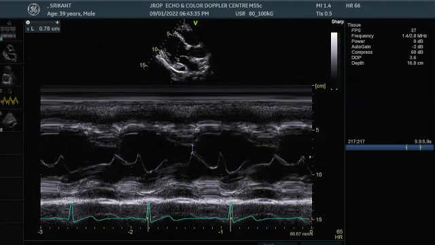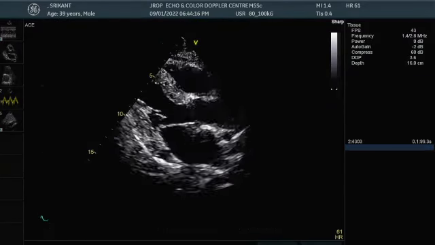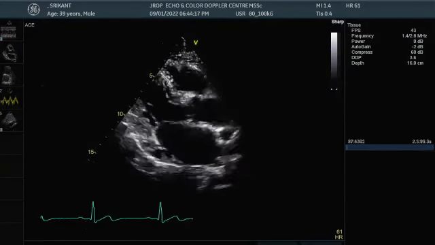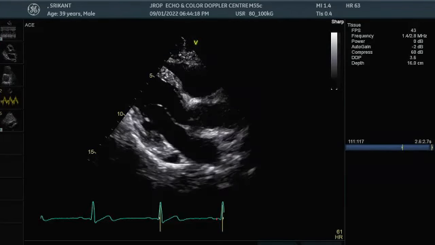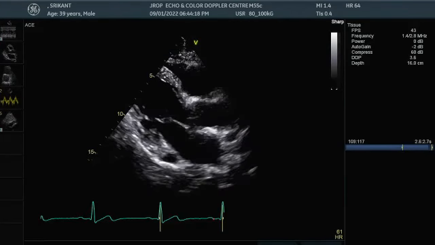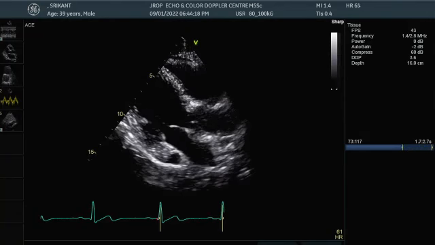Sir, IVS and LV internal diameter during systole and diastole. So same picture I'll freeze. When we talk of our dimensions of LV, first of all, the patient is in end diastole. So maximum dimension of LV, right?